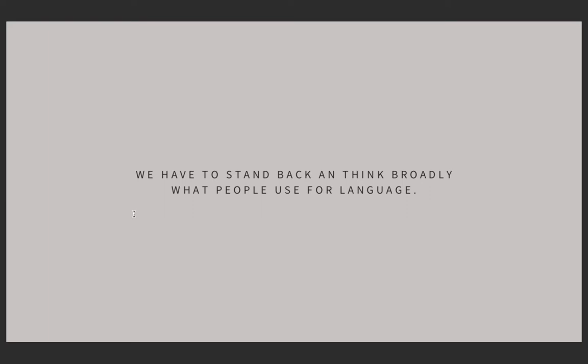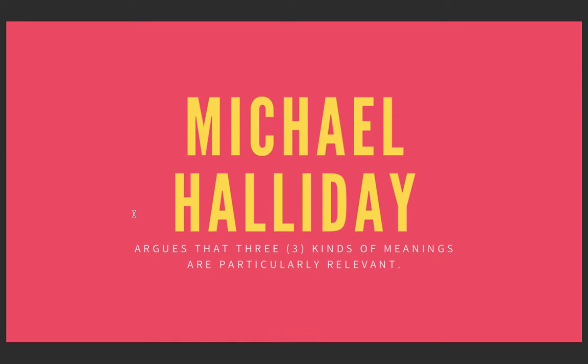So in functional grammar, we have a pioneering proponent. Perhaps if he is not one of the three proponents, then probably he is the main proponent of functional grammar, and he is Michael Halliday.